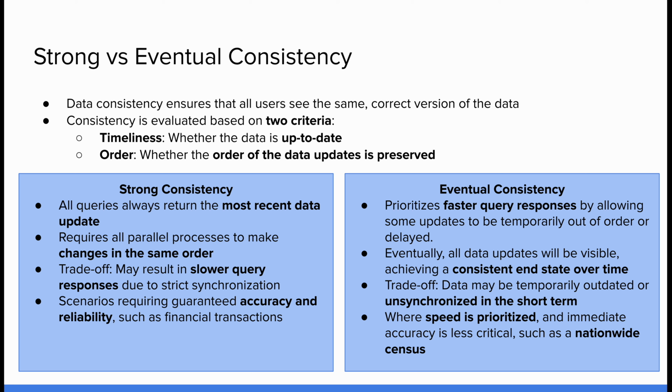So over time, all data updates will propagate and the data will eventually converge to a consistent end state, but not necessarily right away, as in strong consistency. So this approach works well when the speed of querying is prioritized over knowing that your data is immediately accurate, such as in a large-scale data collection effort like a nationwide census.